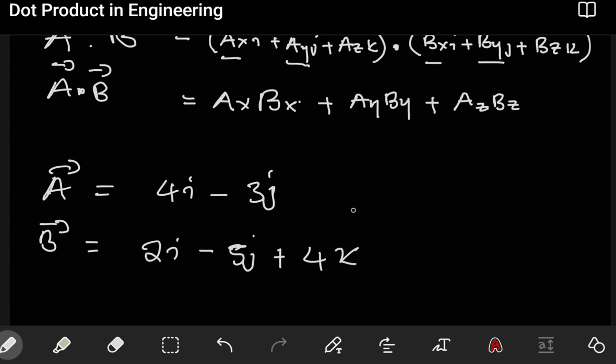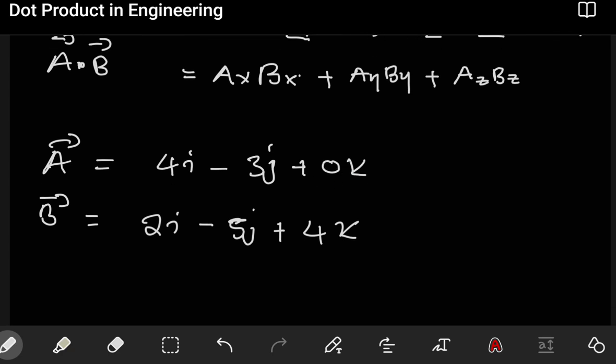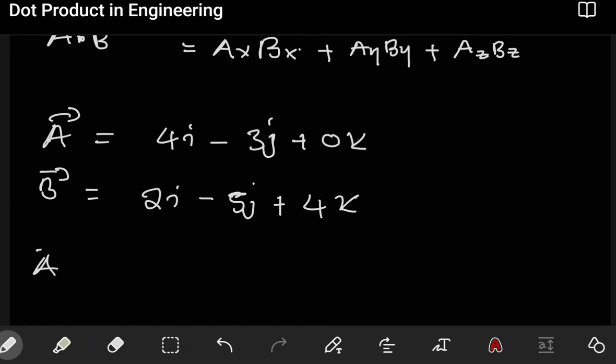In this case, the absence of a k component implies that what we have here is actually a 0. So if we were to evaluate a dot b, the i component will multiply with the i component.